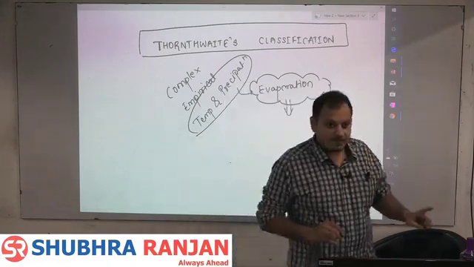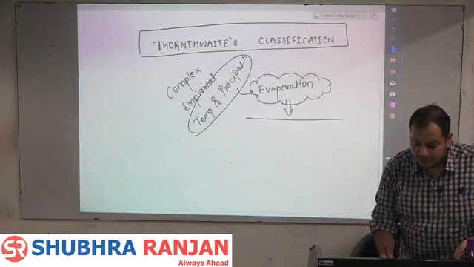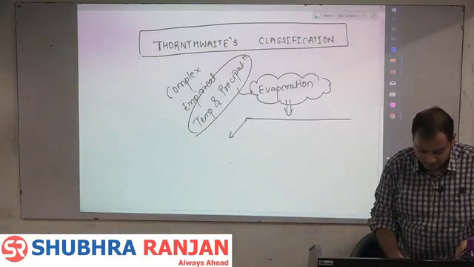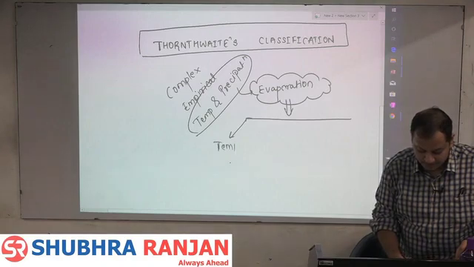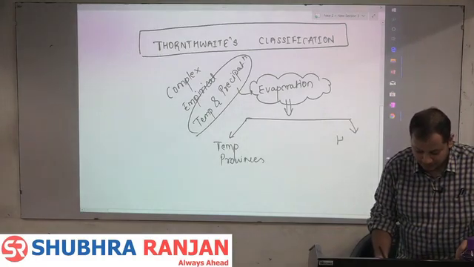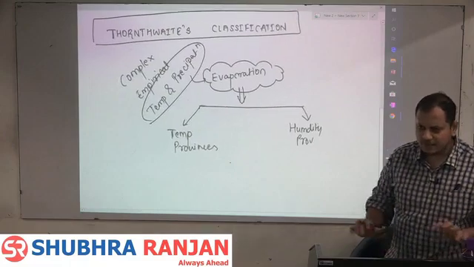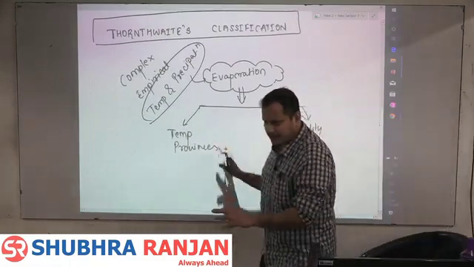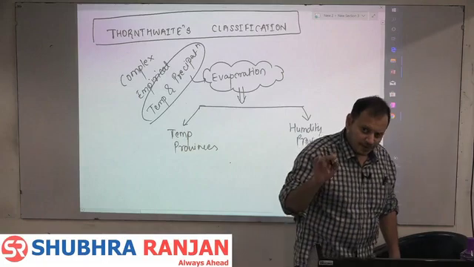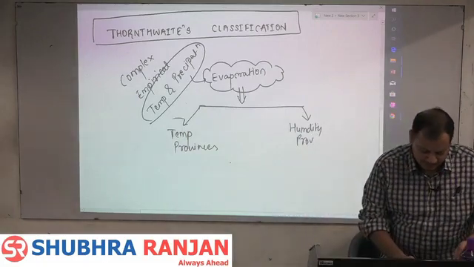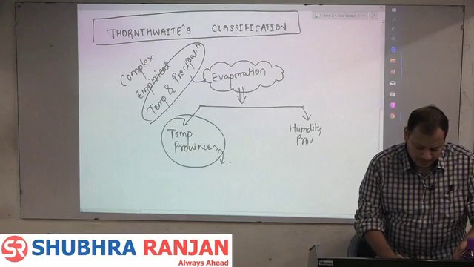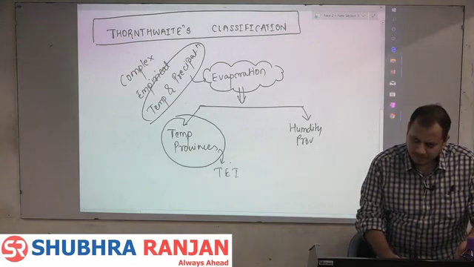And because of the evaporation, he divides his classification into two: the temperature provinces and humidity provinces. Means how much humidity is there in the atmosphere and how much temperature is there in the atmosphere. For calculating the temperature provinces, he came up with the concept of thermal efficiency index.